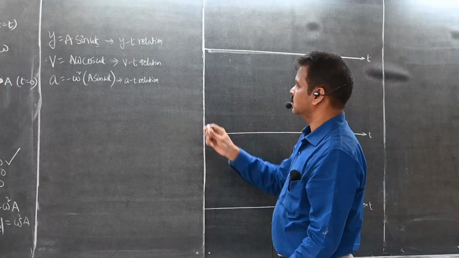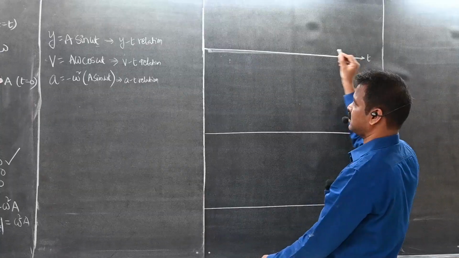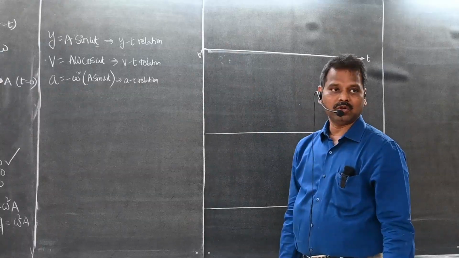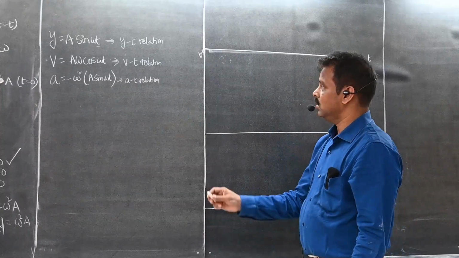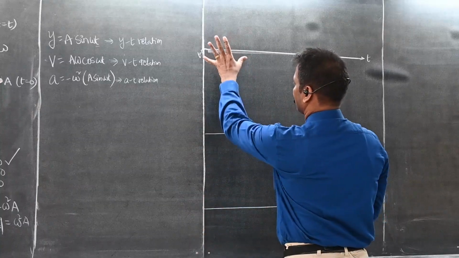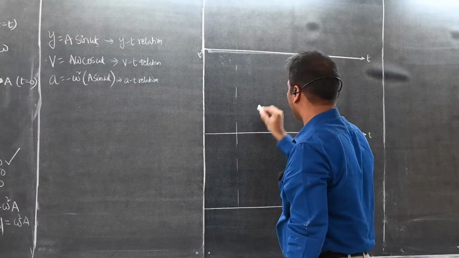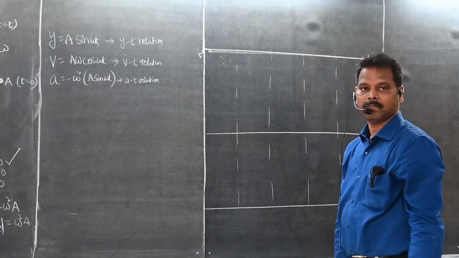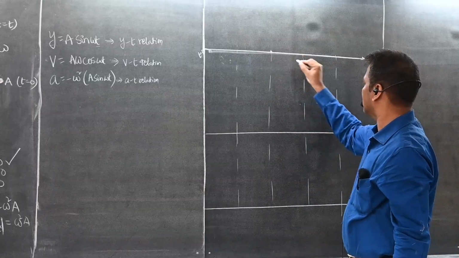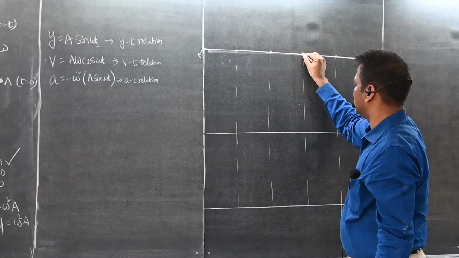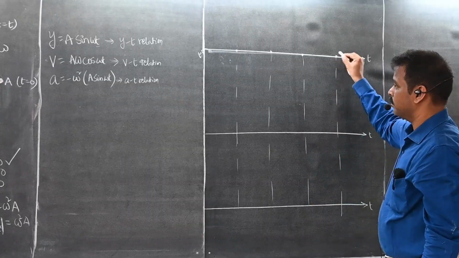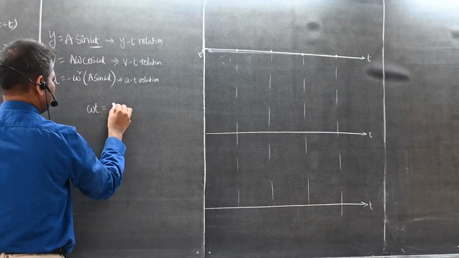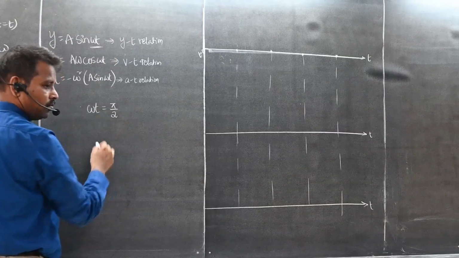From this, first I am going to draw the y-t graph. When t is 0, I am taking time along the x-axis. Here t is 0. Then I am dividing equally. These are the different times. If you observe this equation, omega t is equal to pi by 2.